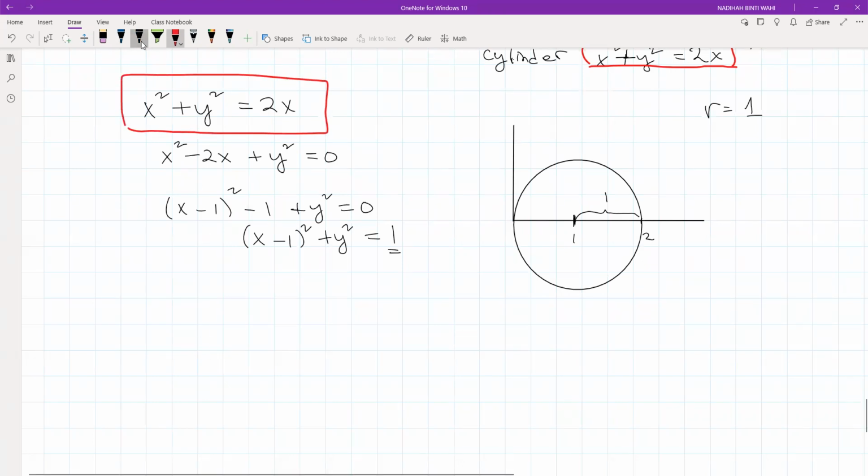Okay, so kalau kita apply tadi, x squared plus y squared, this is equals to r squared. Okay, and then if we use 2x, this becomes 2r cosine theta.